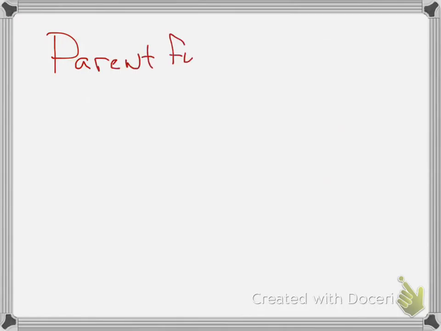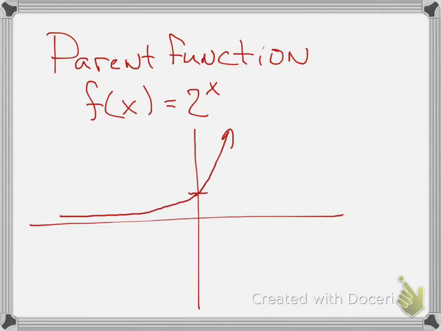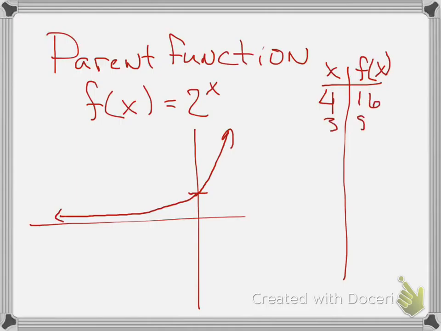So what does the parent function look like? The parent function looks like f of x equals 2 to the x power. If you were to look at that one, you would see it look something like this. And if you notice here, there's a table that I'm making that has these numbers: 2 to the 4th is 16, 2 to the 3rd is 8, 2 squared.